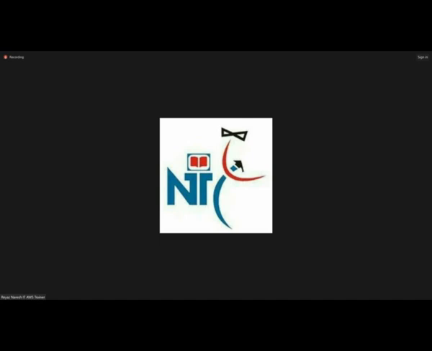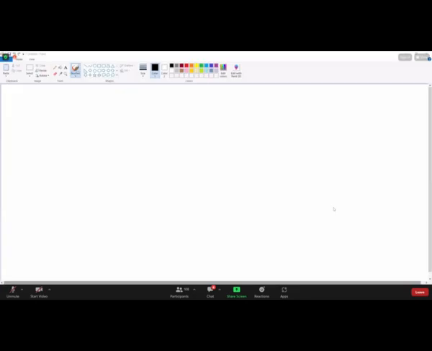Does PuTTY support the PEM file? No. What does it support? PPK. How do you convert? Using PuTTYgen. Super.